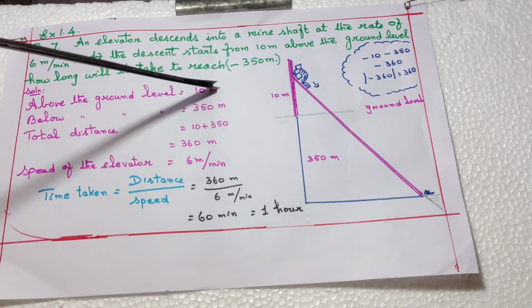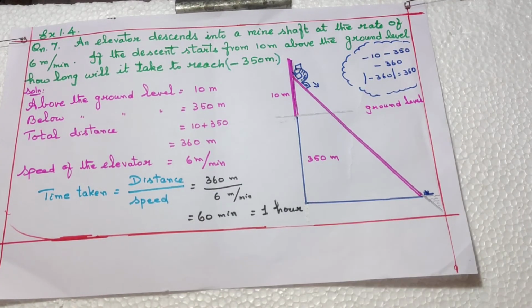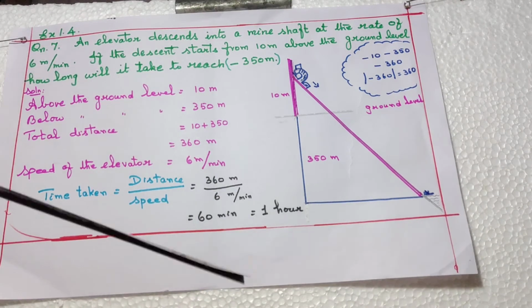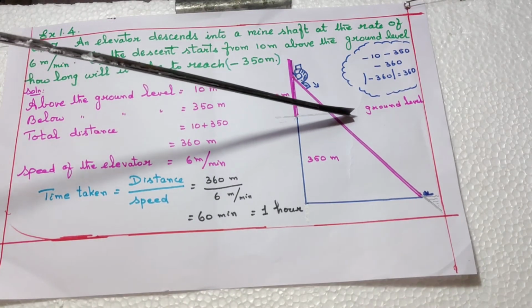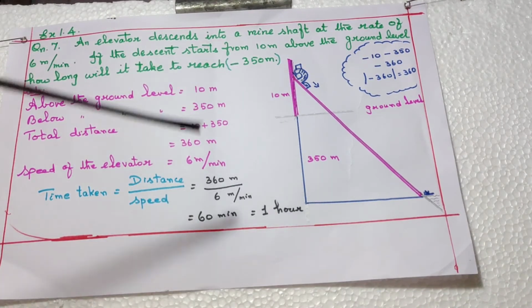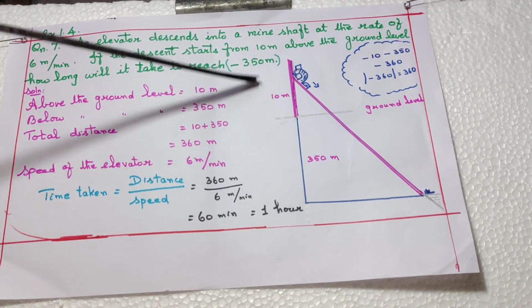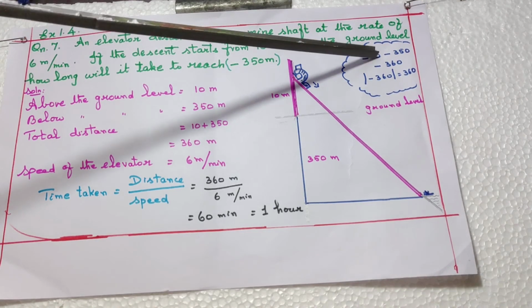Children, here I considered everything as positive, from ground level 10 above, from ground level 350 below. But the same thing, if you want, you can take both as negative. When something moves upwards, we take it as positive. At the same time, if it moves downwards, we consider it as negative. So from here it moves downwards. So even this 10 meters you can write as minus 10.